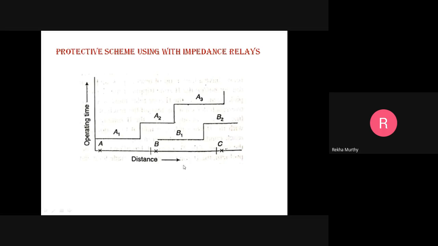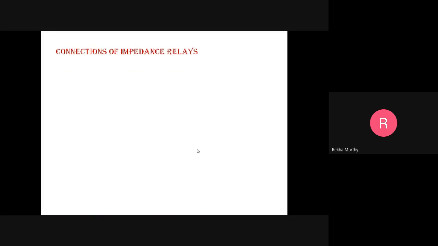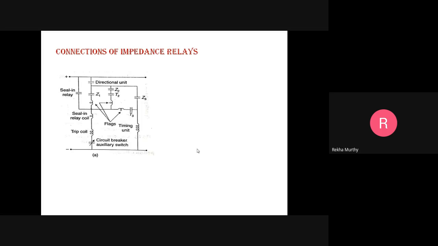Now let's move on with the next part, that is the connections of the impedance relay. The same circuit that we had considered in the previous sessions. The circuit connections consist of the circuit breaker, trip coil, the contacts of a directional and impedance relay, flags, timers, all of which will be present here.